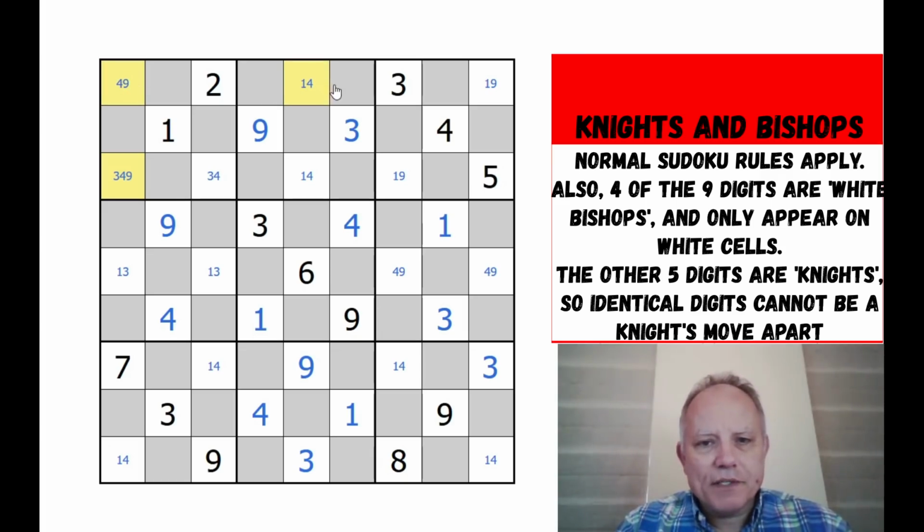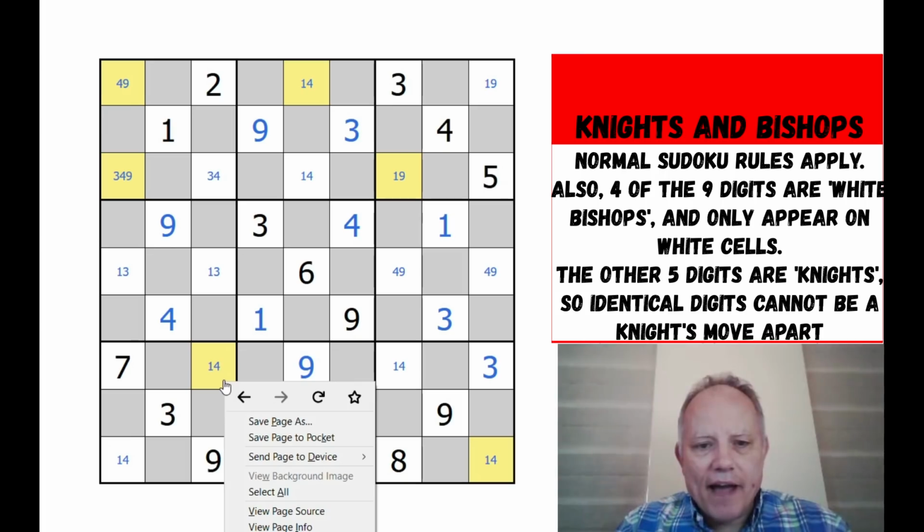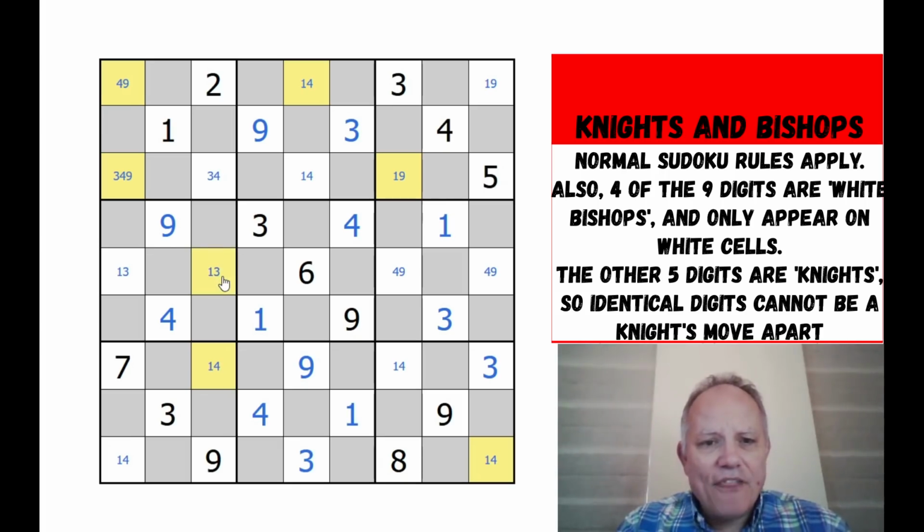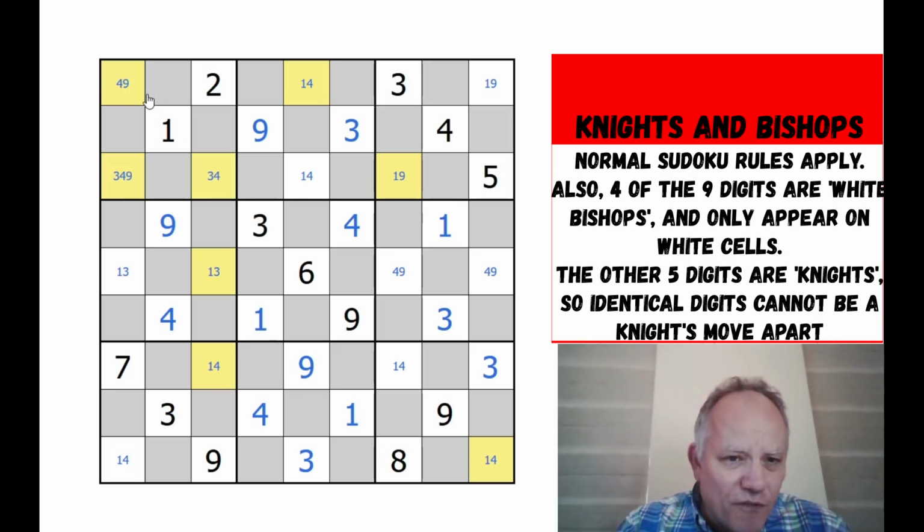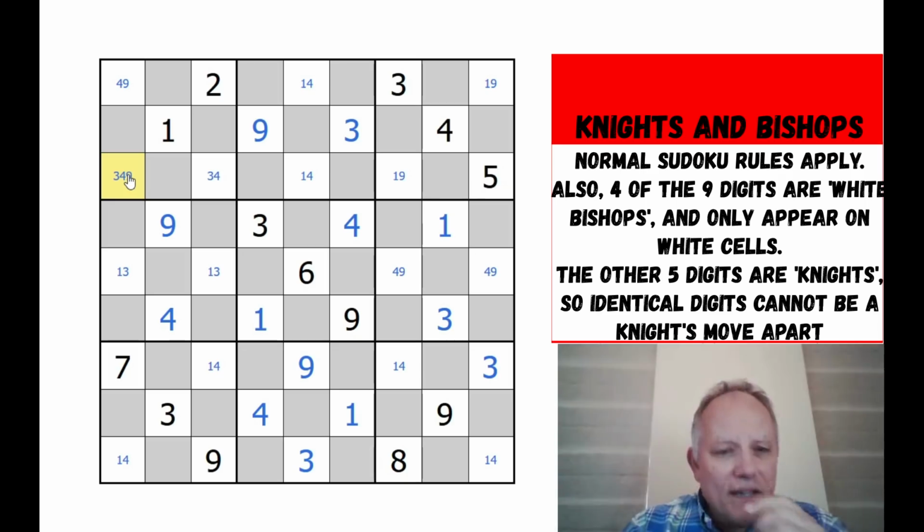Now I'm going to follow the 1s around the grid. 1 there, 1 there, 1 there, and now this has to be a 3 here. And that means this is a 4, and we just put a 4 up here. So that's impossible. So this can't be a 9.